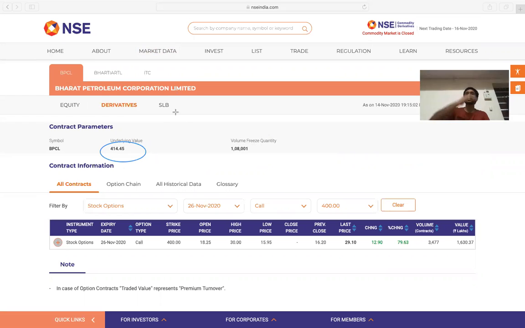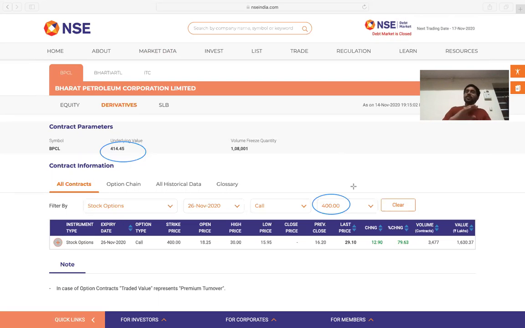So the spot price has increased, and you expect that the call premium also has to increase for the 400 strike price, because this call option is now in the money. Until yesterday, the spot price was 394 and the strike price was 400, which means the call was out of the money.